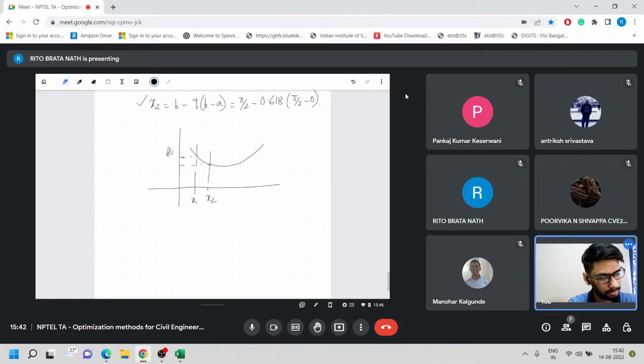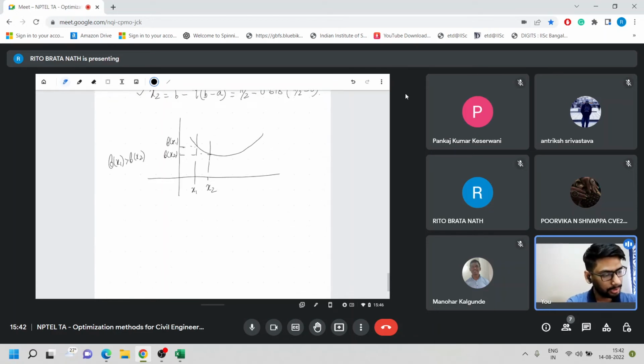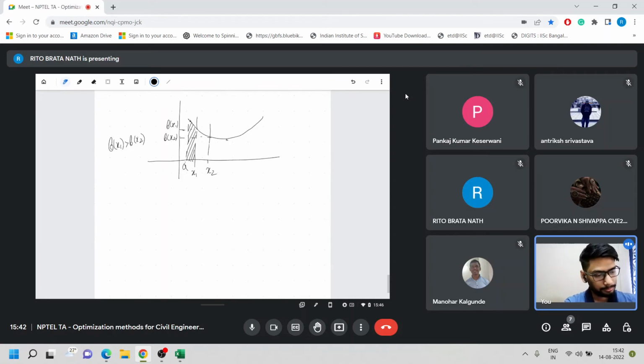So this condition is f(x1) greater than f(x2). So in this situation, what you can say for certain is that nothing will be there in this portion. So if this is A, then you can just eliminate this part and you can work with the rest of the portion to see whether the minima is in that region or not. So that will be true in case of unimodal functions. And so this you eliminate.